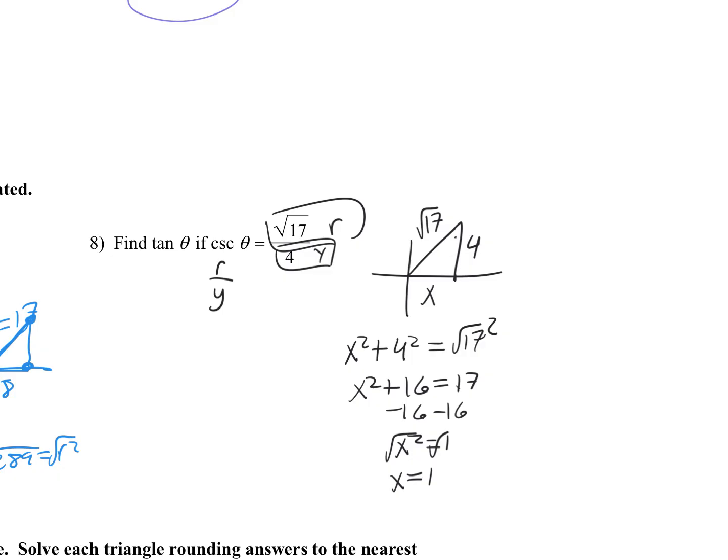So I'm just going to say it's in quadrant 1. Then I know that tangent, since tangent is y over x, it's going to be 4 over 1, which is 4. That's as hard as these kinds of problems get.